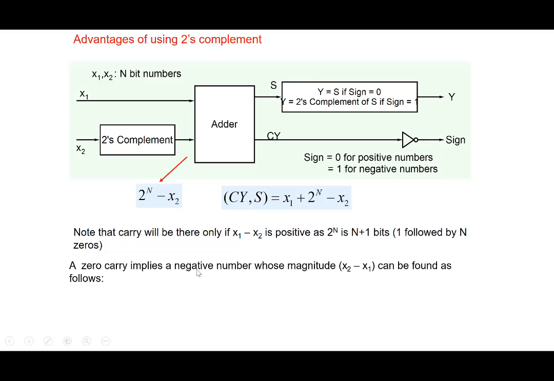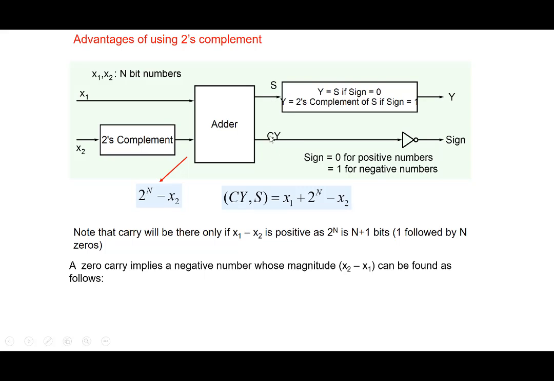A 0 carry implies a negative number whose magnitude x2 minus x1 can be found as follows here. So if there is 0 carry here, which means that x1 is not greater than x2, if x1 is less than x2, so the whole number becomes less than 2 to the power n, obviously, and less than 2 to the power n means no carry here, because then it can be represented by only 4 bits here and no carry here, right?